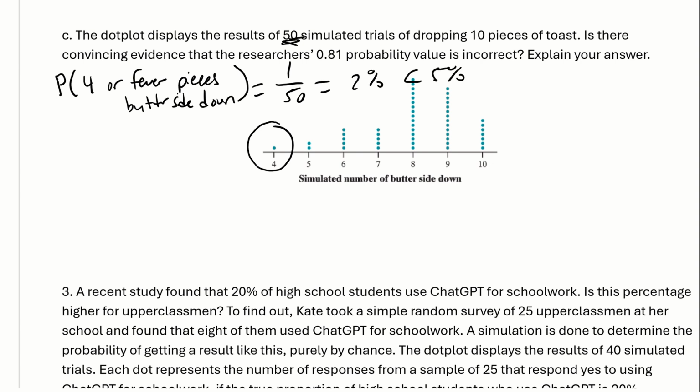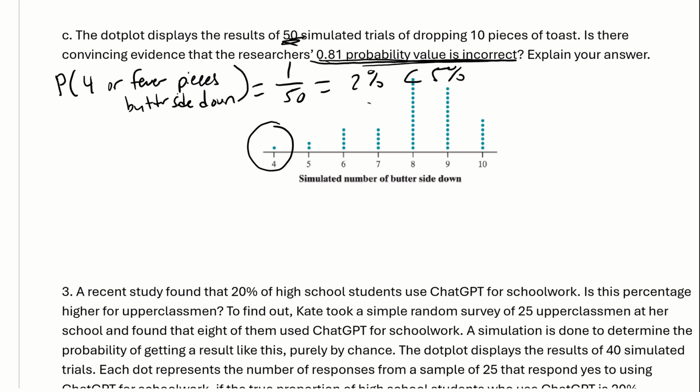And remember, if it's less than 5%, that means that this is a rare occurrence. It's unlikely to occur by chance. If it's unlikely to occur by chance alone, that means that we have enough evidence to show that the researcher's conclusion is incorrect.